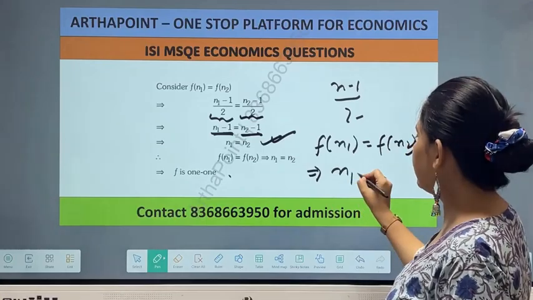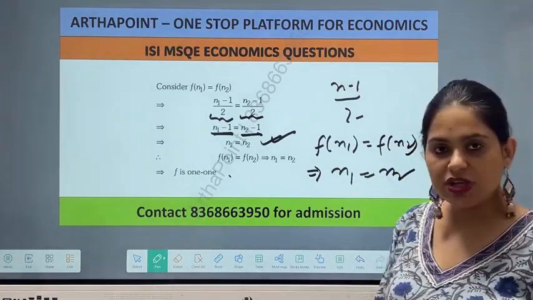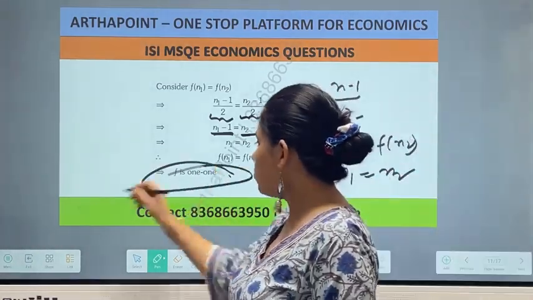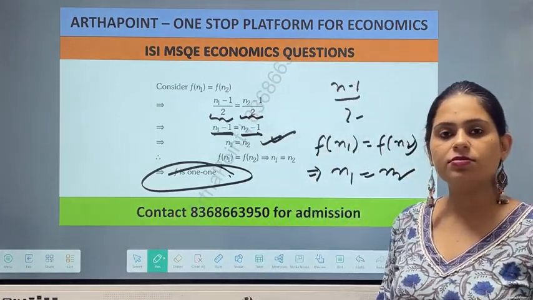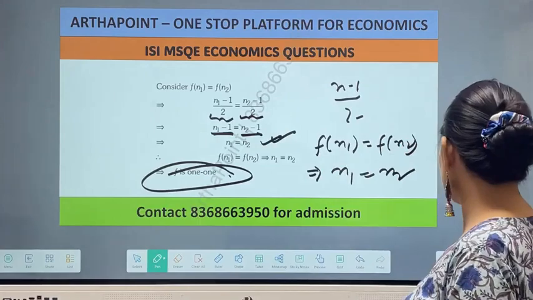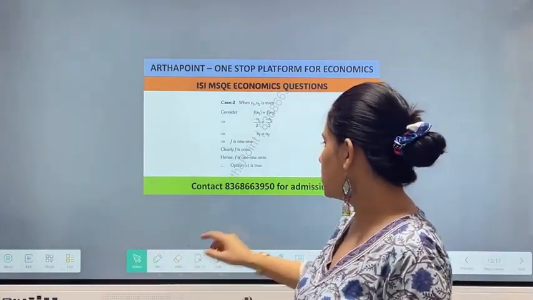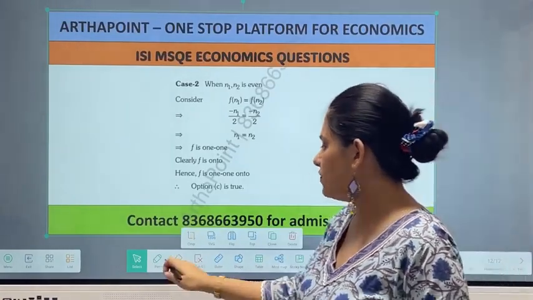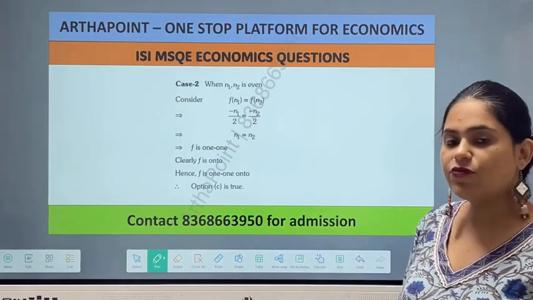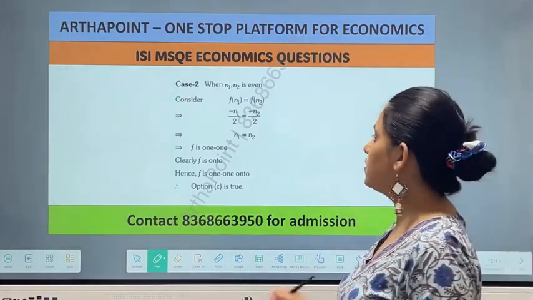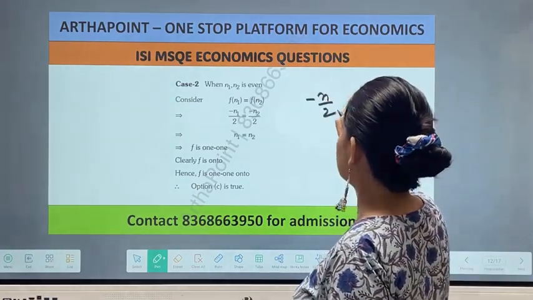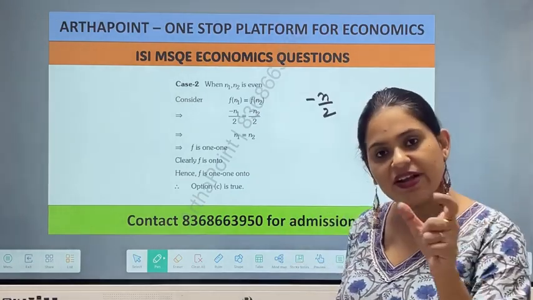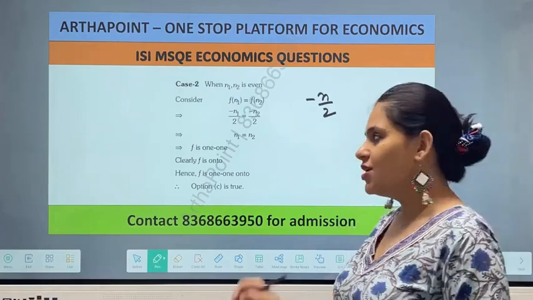Try it for the even values also. So for even values, what is your function, beta? The function is minus n by 2. Let n1 and n2 be both even. So if minus n1 by 2 is equal to minus n2 by 2, the 2 and 2 cancel out, and minus minus cancels out.